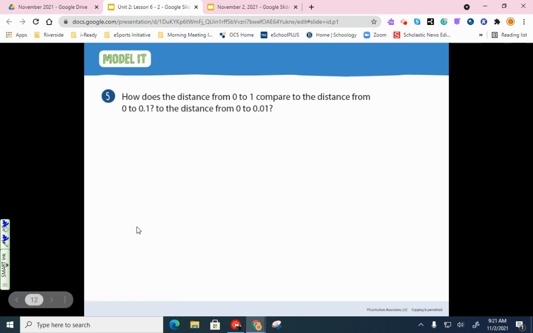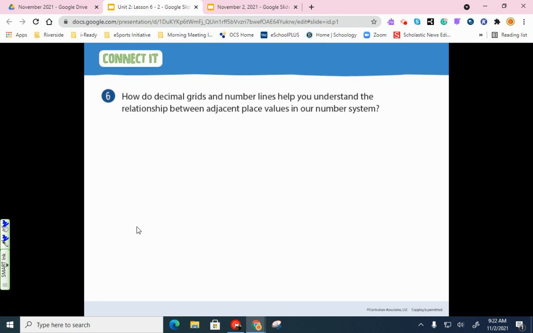On to question 6. How do decimal grids and number lines help you understand the relationship between adjacent place values in our number system?